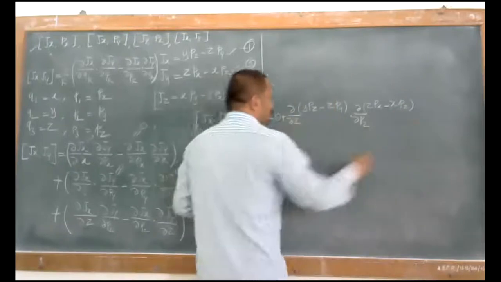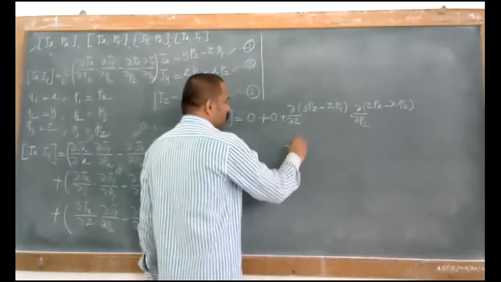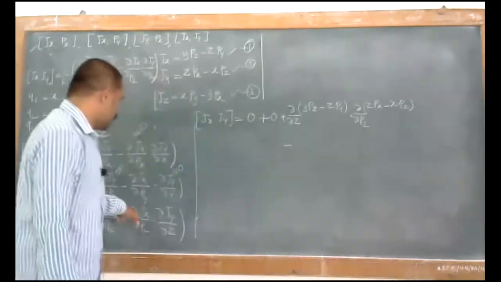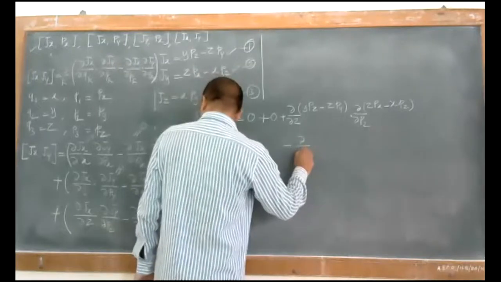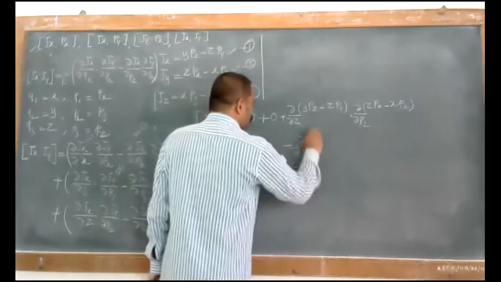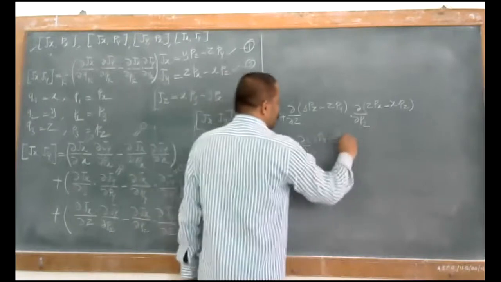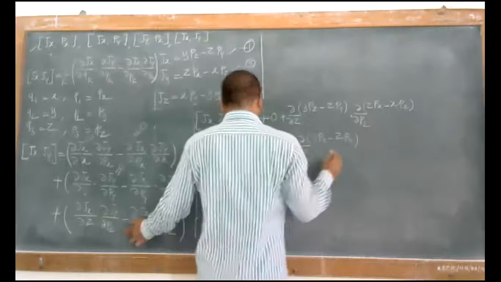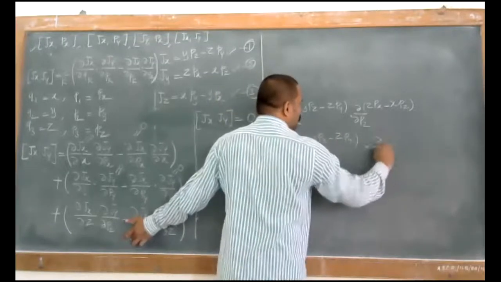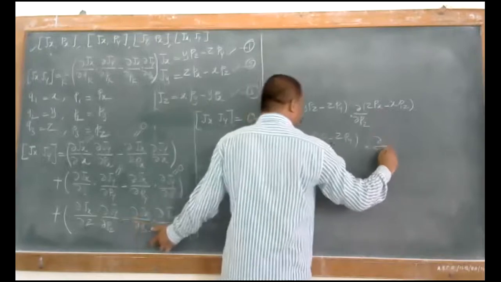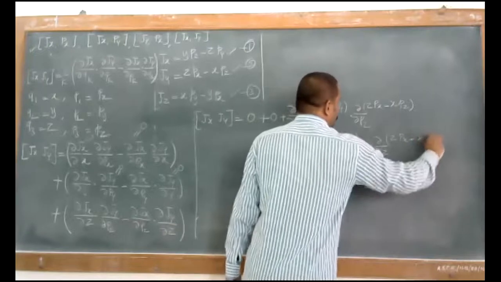This is one thing, and this is with the negative sign. We have one more term, that is minus ∂jx/∂pz, so ∂/∂pz of (y pz minus z py), multiplied with the other term, that is ∂/∂z of (z px minus x pz).